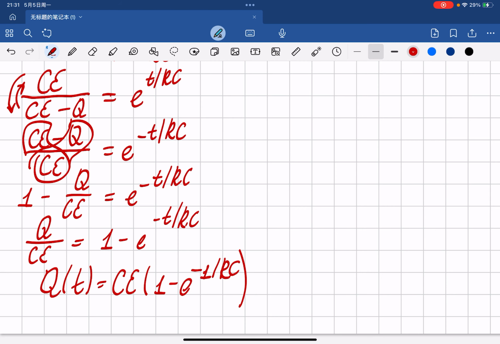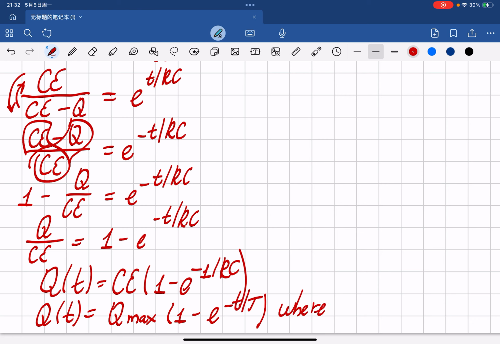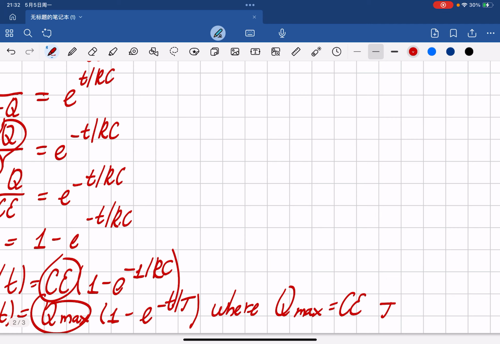And we have shown that, given Q of t equals Q max times 1 minus e to the minus t over the time constant, where Q max will be equal to CE, and also the time constant will be equal to RC.